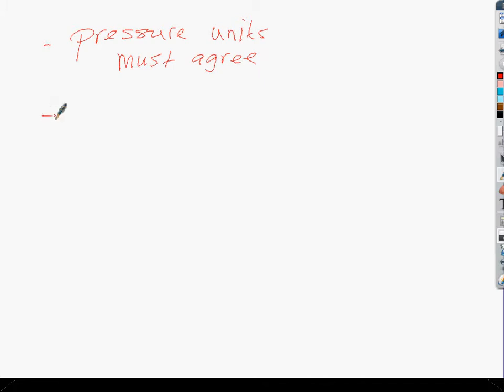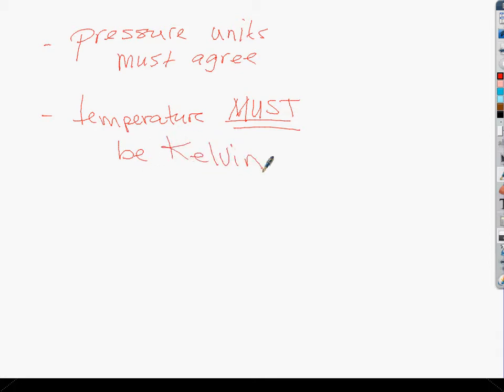And then you have the temperature. This is your only must. Your temperature must be in Kelvin. The reason being these ratios only work off that scale.